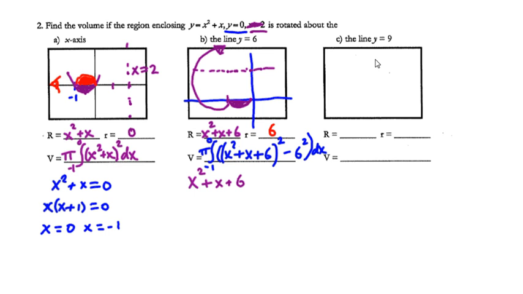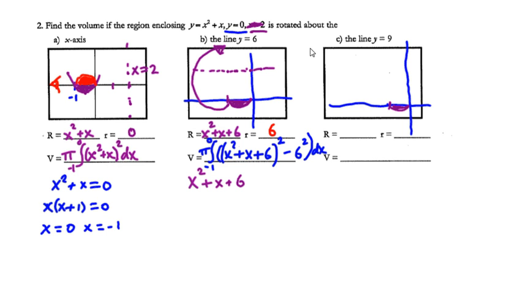Now for about the line y equals 9, it will be very similar to part B here. I'm going to draw this out. It's pretty sloppy, but it'll work. Same thing: we've got the little piece below the x-axis here.